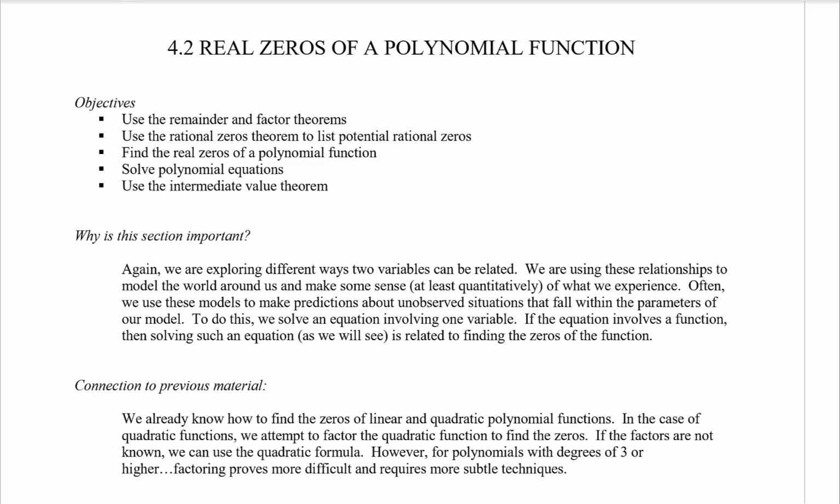So we want all the x values for which the polynomial's y value will be 0. You guys have done this with first degree and second degree polynomials, so linear and quadratic polynomials. So for a linear polynomial, it's pretty straightforward. You just plug in 0 for y and quickly solve for x.